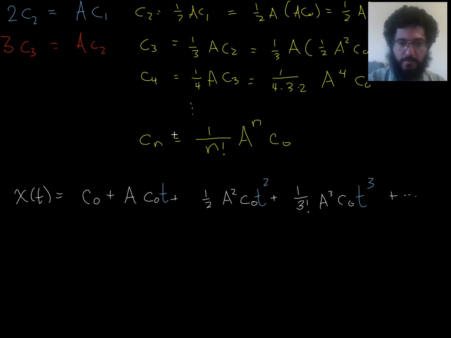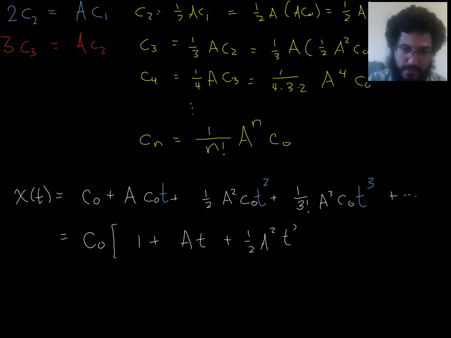And we can pull out an overall C0 here, right? So we can view this as 1 plus a t, all times C0, plus 1/2 a squared t squared plus 1/3 factorial. So this 2 actually was 2 factorial. a cubed, t cubed, and so on.